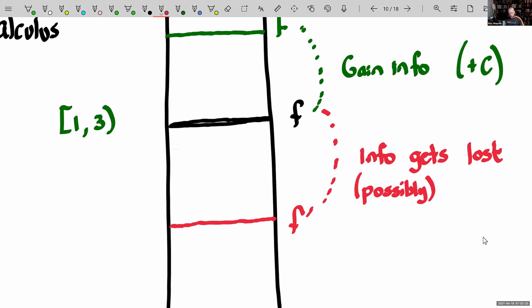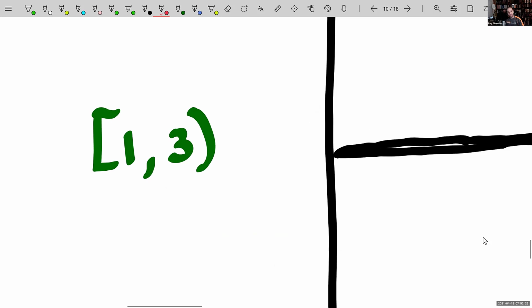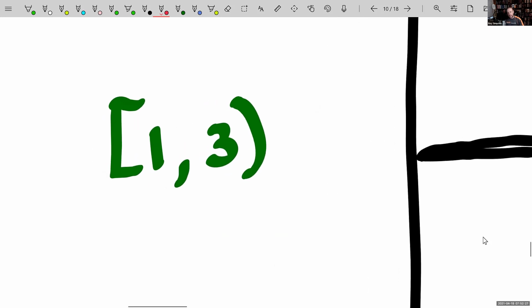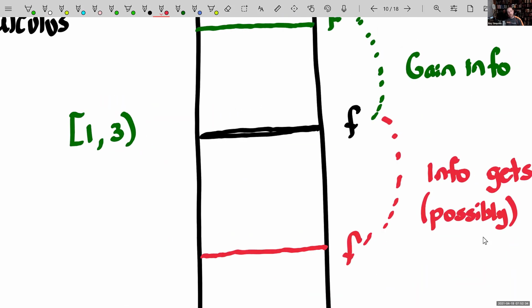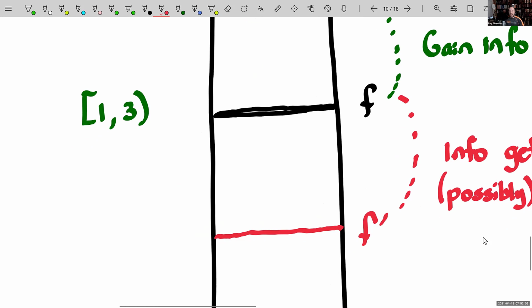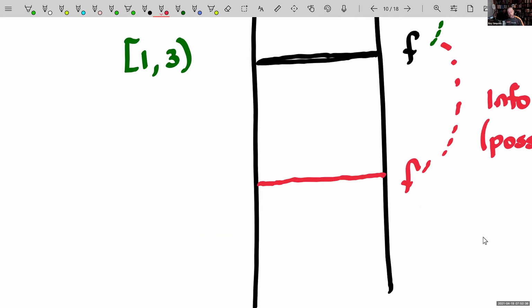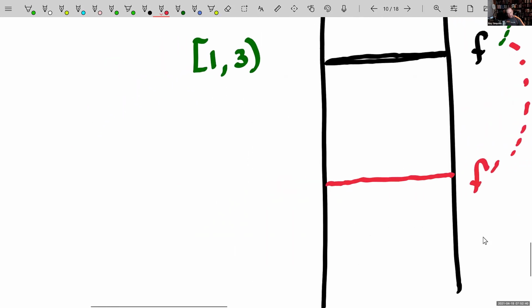Well, the same idea goes for intervals of convergence. Let's pretend, my interval of convergence for my original function F. When I take the derivative of my original function F, the interval of convergence for its power series might be the same as the original, or you could have lost an edge.